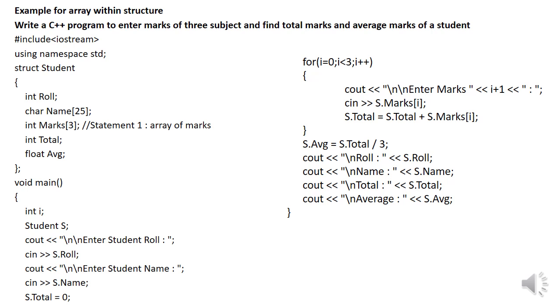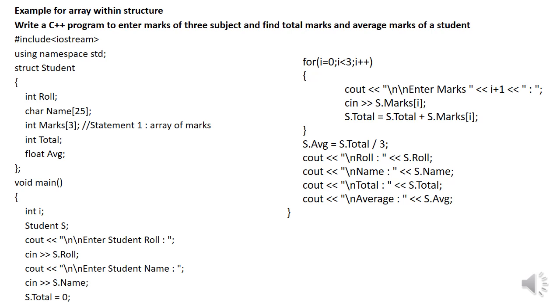Inside the structure student, I have declared 5 variables. The first one is roll, second one is name, third variable is an array variable. So we can say that the structure student contains an array. Then the fourth variable is total, fifth variable is average, for finding the total mark and average mark.